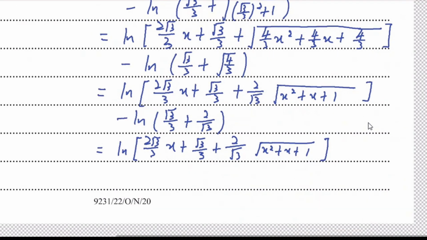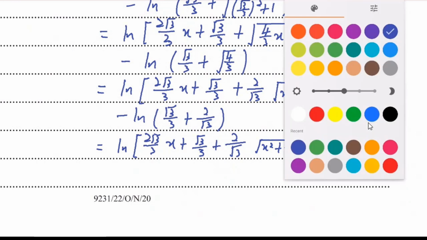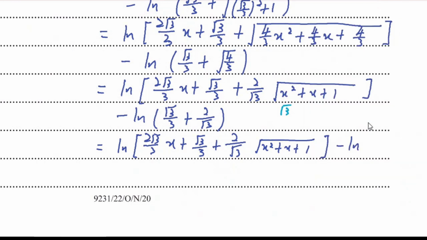For the last ln term here, we can actually combine them. As we combine them, let's just do it at the side here. So √3/3 plus 2√3/3, which gives 3√3/3, which is just √3 itself.